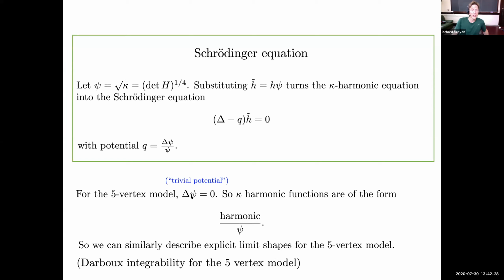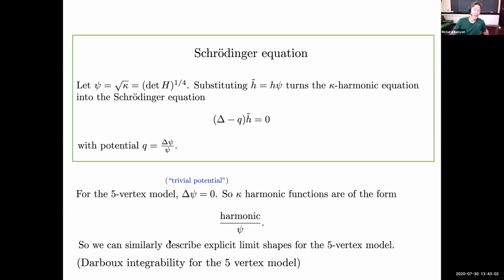So the Laplacian of psi is 0, and therefore, under this simple substitution, h tilde is just a harmonic function in the friendly harmonic sense, a constant conductance harmonic function. So kappa harmonic functions are all of this simple form, a regular harmonic function divided by the fourth root of the Hessian determinant. In this sense, kappa harmonic functions are actually quite friendly. They're just harmonic divided by psi.